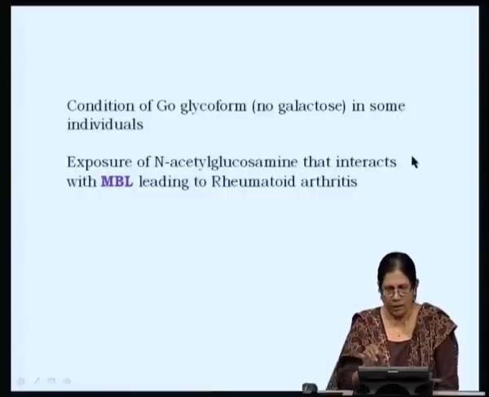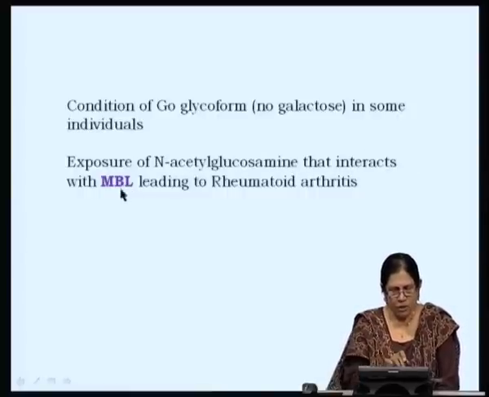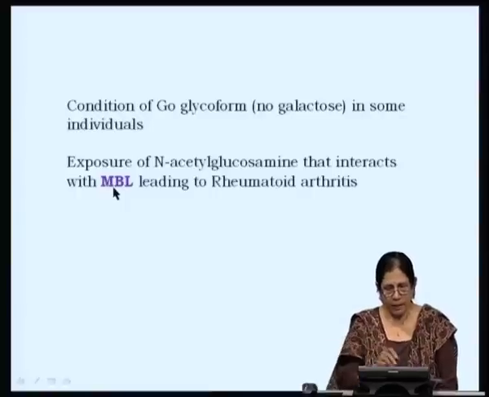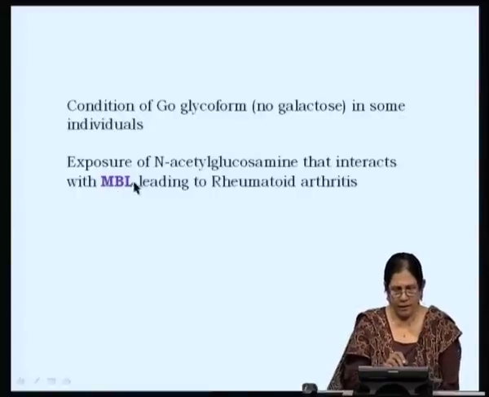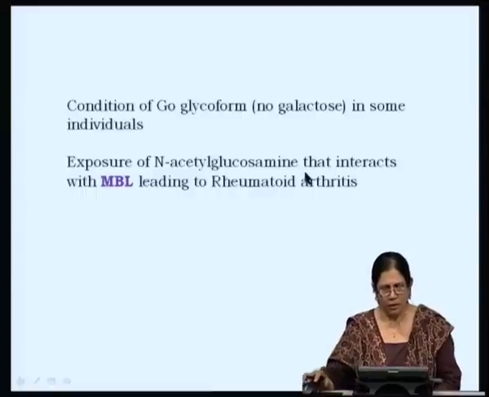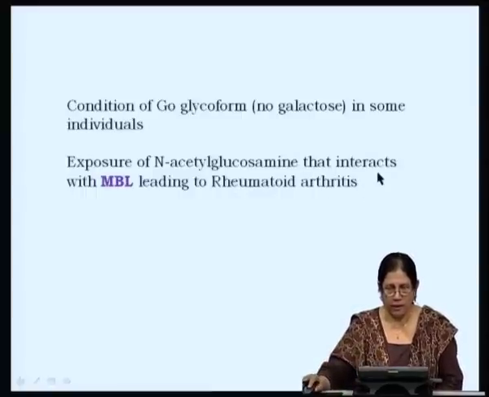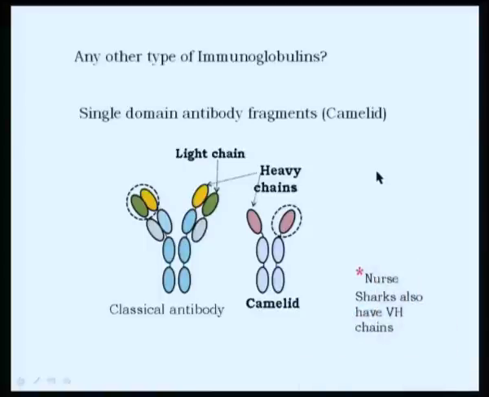Now, this allows binding to the MBL, which is mannose binding lectin, and we will be discussing what MBL is in the next class. And this MBL, it is a cascade of the complement pathway which can lead to inflammation and rheumatoid arthritis, one type of rheumatoid arthritis.